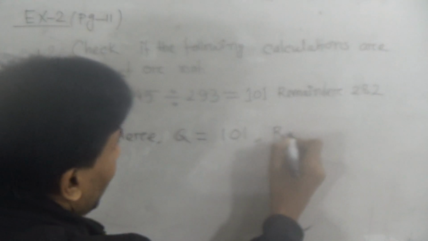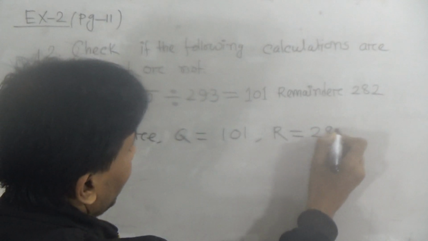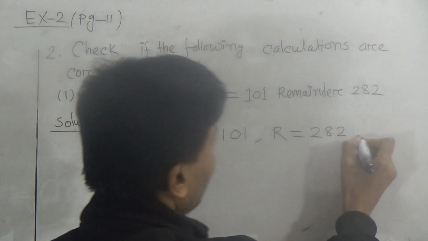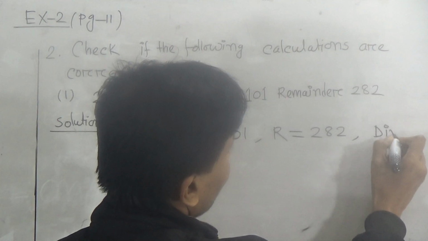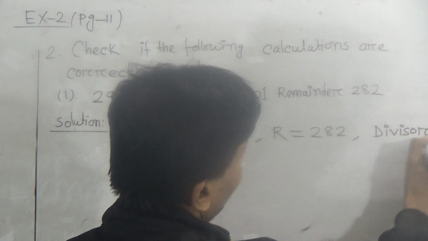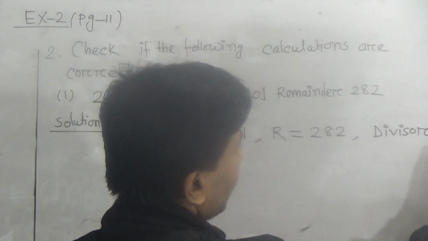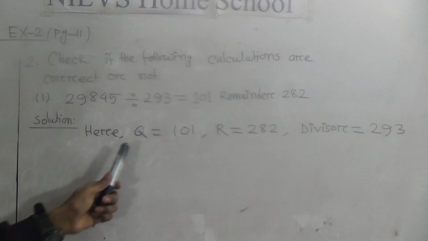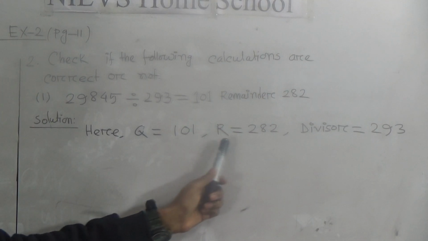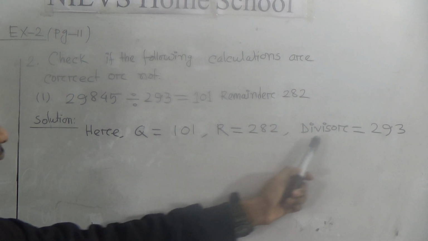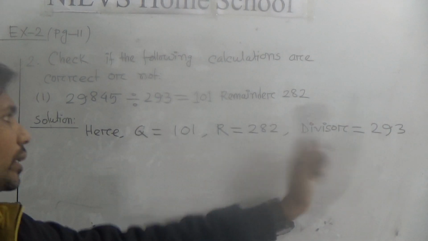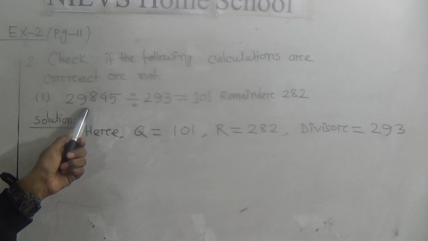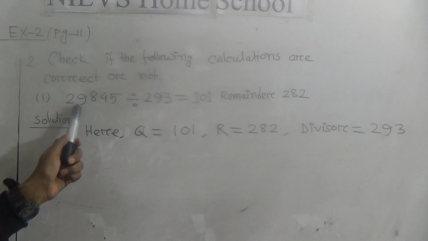Remainder is 282. Okay. Remainder is 282 and divisor is 293. Look, quotient equal to 101, remainder equal to 282 and divisor equal to 293, and this is the given dividend.